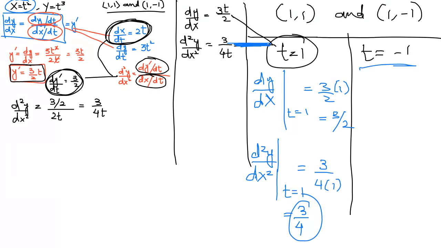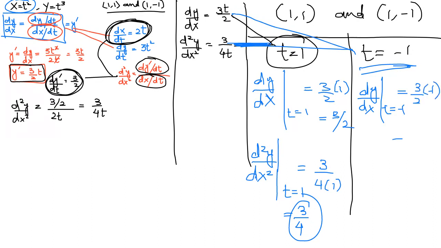For t equal to minus 1, dy by dx is 3 by 2 into minus 1, which gives minus 3 divided by 2. For the second derivative, using t equal to minus 1, it is 3 divided by 4 into minus 1, which is minus 3 by 4.